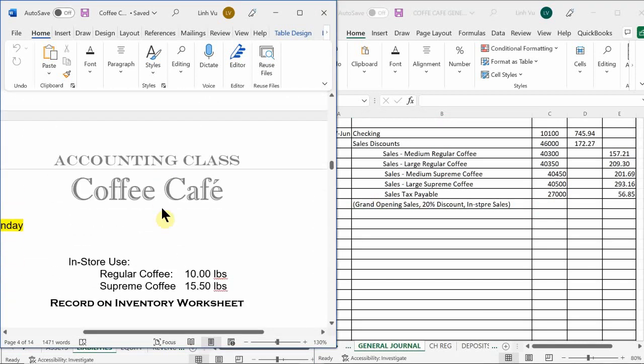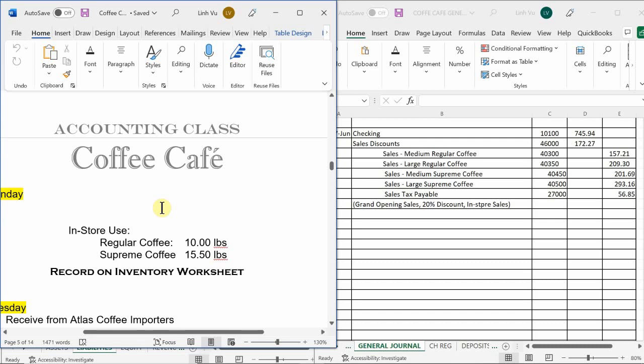Moving average, and supreme is FIFO. Good. So in this case, we also got to go back into the back room and count all of our coffee pounds, right? How many have we used? So in this case, we used a total of 10 pounds of the regular coffee, and we used 15 and a half of the Supreme coffee.